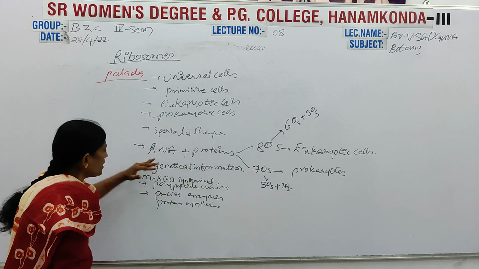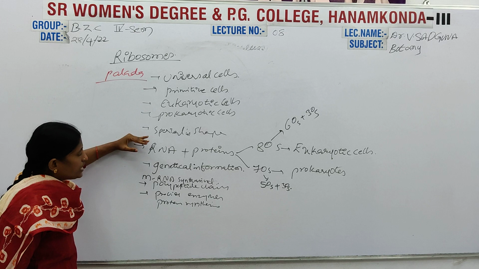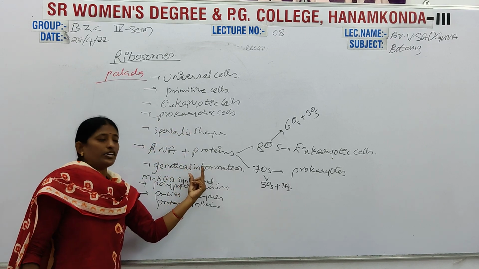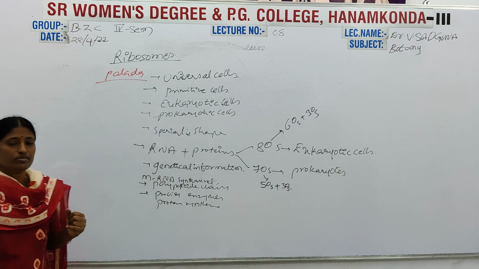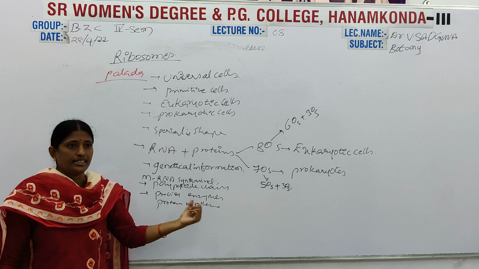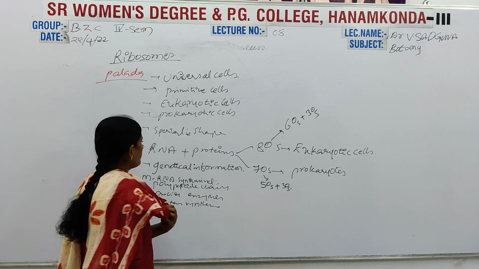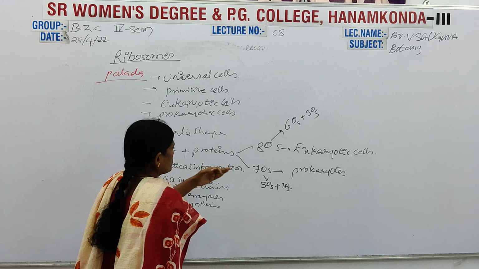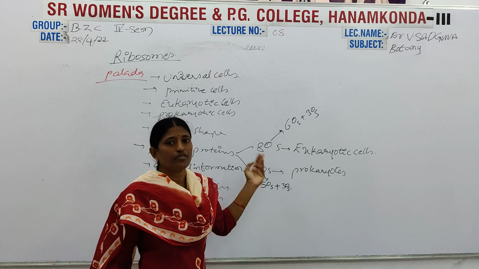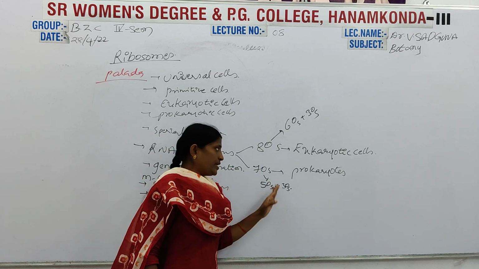The RNA carries the genetic information, which is provided to the RNA-synthesizing genetic material. These RNA and proteins go two ways: 80S ribosomes and 70S ribosomes.